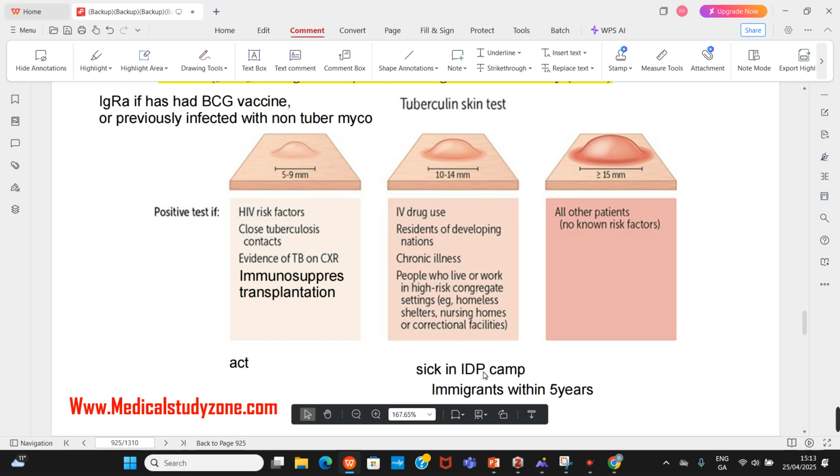P is people that work in areas where there's clustering, where there's congestion, like working in prisons, nursing homes, correctional facilities, all those kind of things. The people that are homeless, if they have a value of between 10 to 14, you can say that they have a positive tuberculosis skin test.